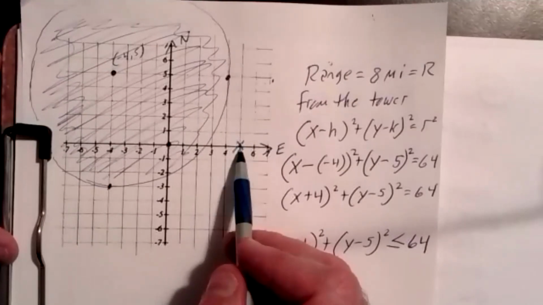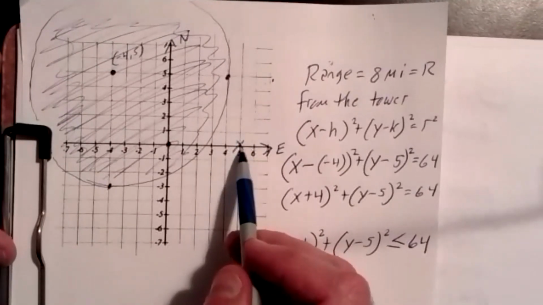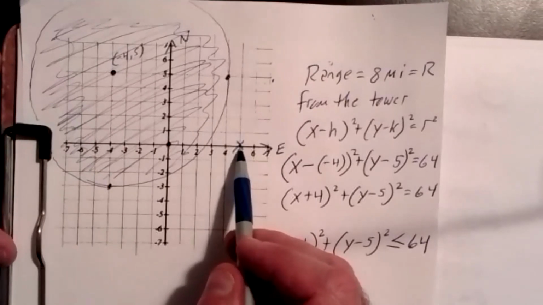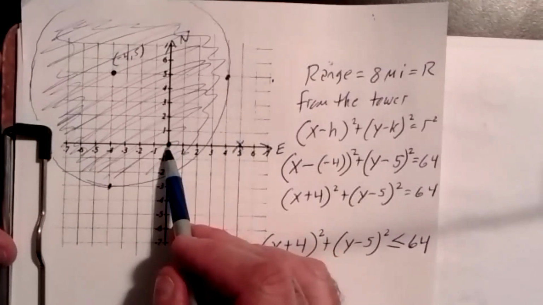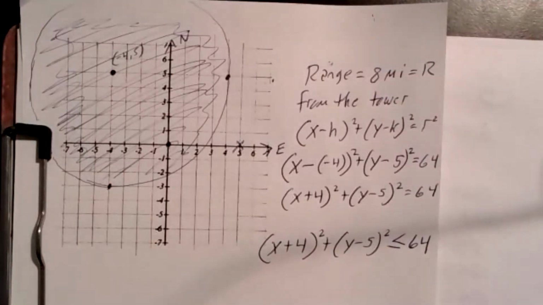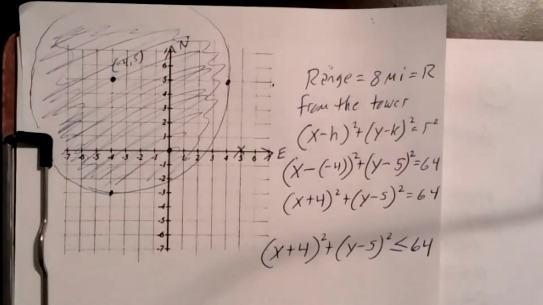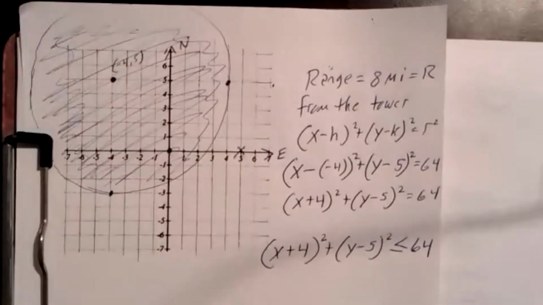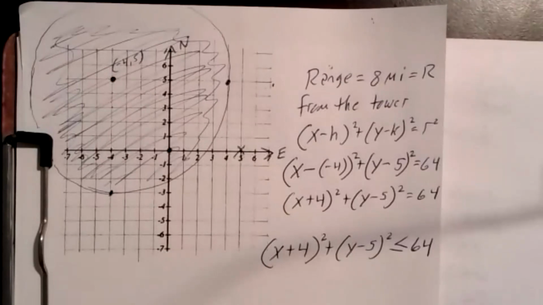They're not going to get the signal, are they? It's not going to happen. So the answer is no. A place located 5 miles east of town, town being at the origin, would not get the signal. There's your answer. As long as you're inside the circle or on the boundary, you'll be able to get that signal. If you're outside, you're not going to get it.